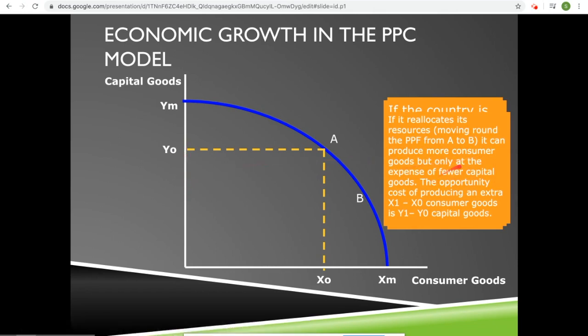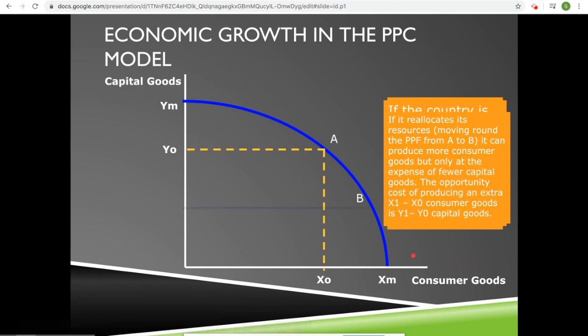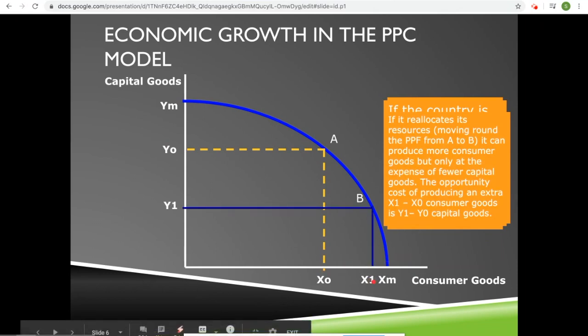So, at the expense of fewer capital goods, it can produce more consumer goods. So now it's producing X1 consumer goods, but fewer capital goods, so just Y1. So we can say that Y1 minus Y0, which is not producing now, is the opportunity cost of producing X1 minus X0 consumer goods.